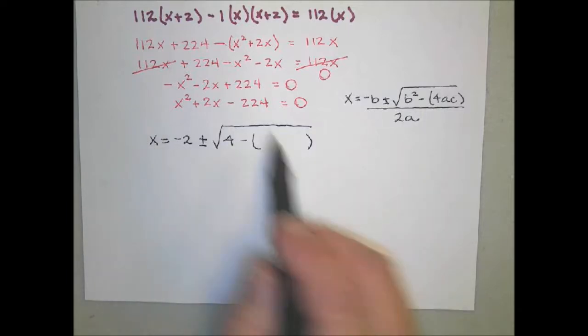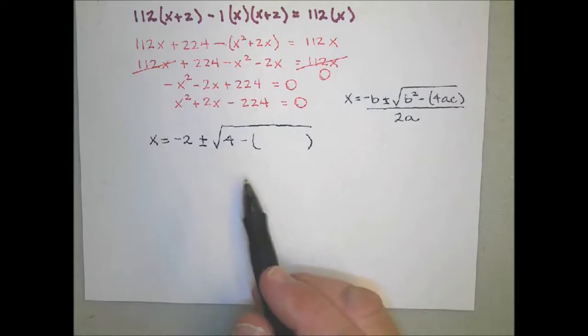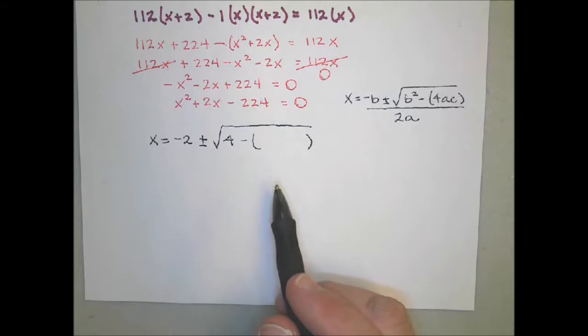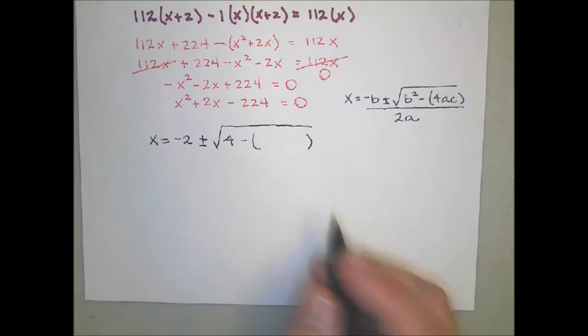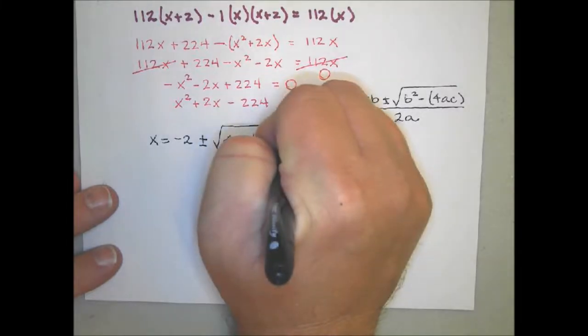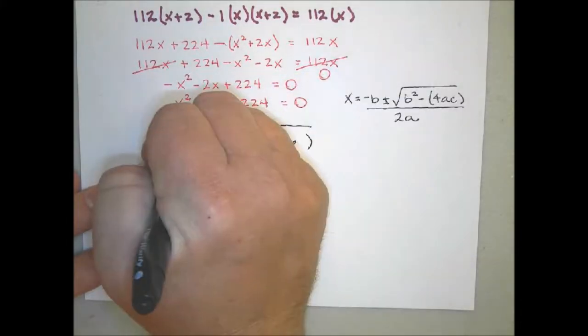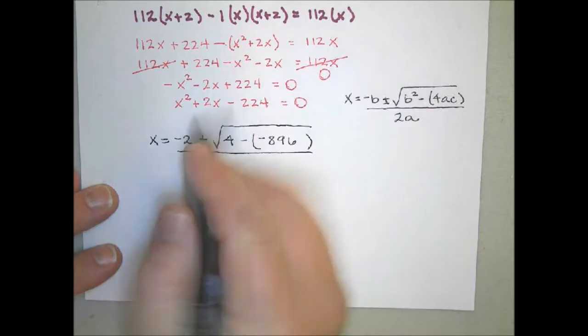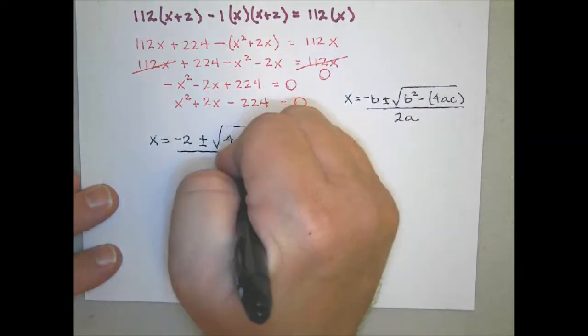But then I need to multiply it by that -224, which is the c value. So -896. All over 2 times the a value. 2 times 1 is 2.